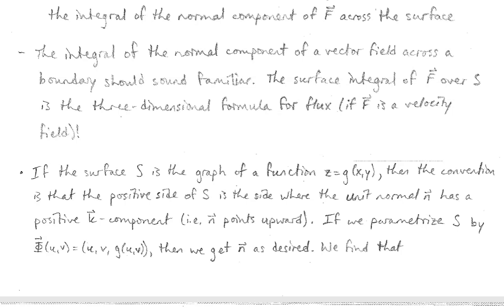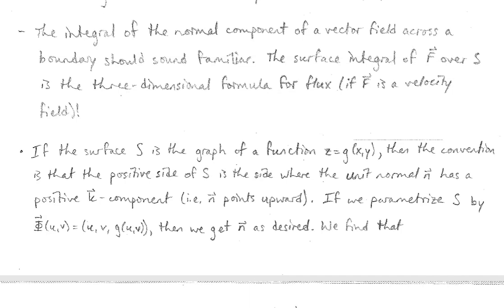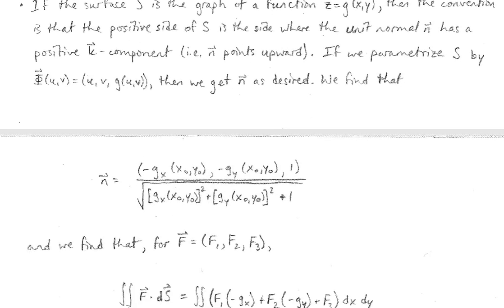We can come up with a very basic parameterization of our surface. In this case, capital phi hat is u, v, g of u, v. And then we can find n hat without much trouble. We find that n hat is minus the partial of g with respect to x, or u, comma, minus the partial of g with respect to y, or v, comma 1, all divided by the norm of that vector.